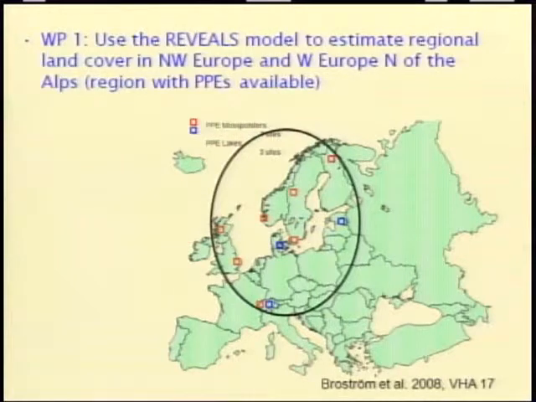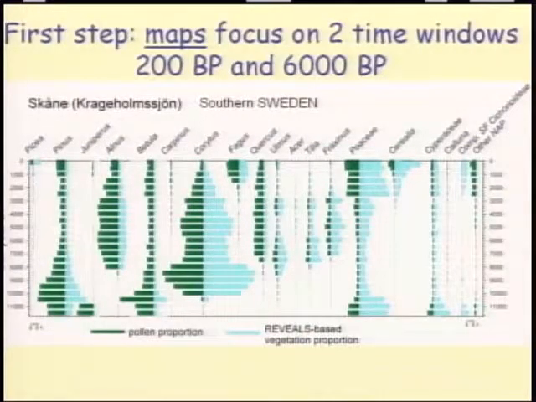We are, of course, working in the region for which we have pollen productivity estimates. And the first step will be to produce maps on 2 time windows, 200 BP and 6000 BP. These are 2 periods of contrasting open land cover, very low at 6000 and highest at 200 BP.